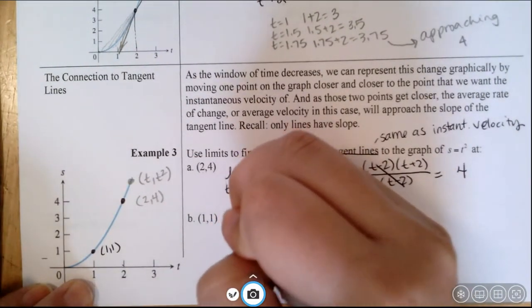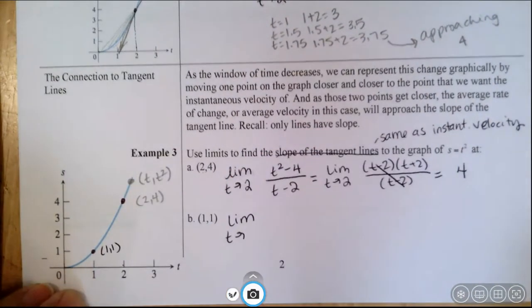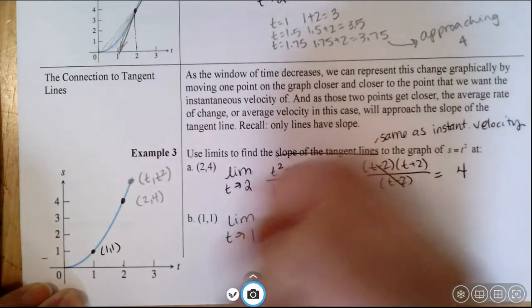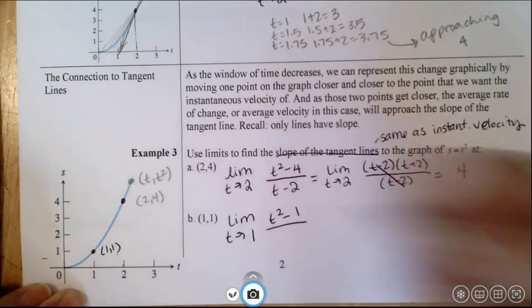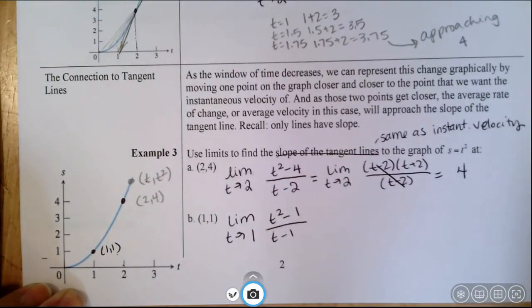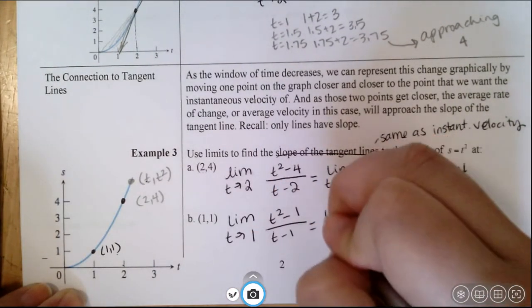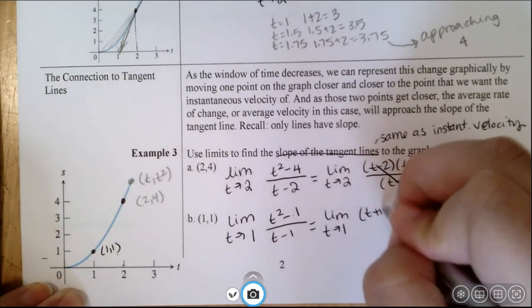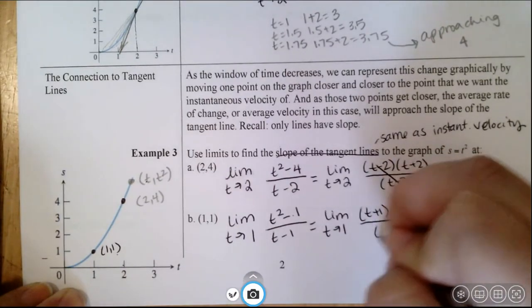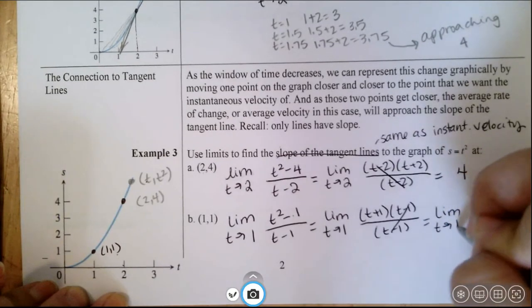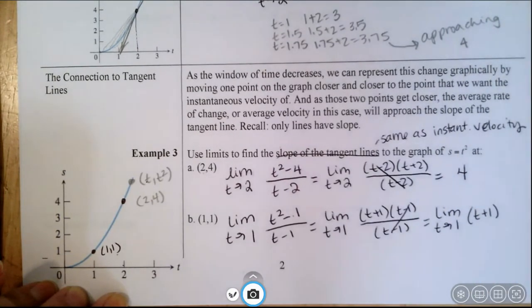So we want the limit as t approaches not 2 now, but 1 of difference in y's, t squared minus 1, divided by difference in x's, t minus 1, equals the limit as t approaches 1, factor this, t plus 1, t minus 1, divided by t minus 1, equals the limit as t approaches 1 of t plus 1.